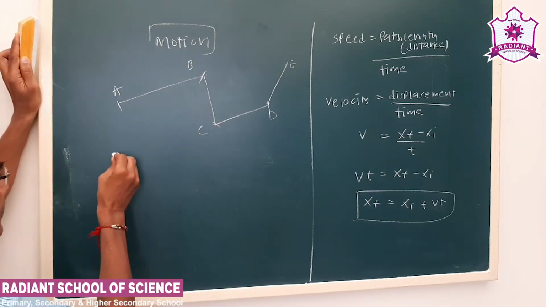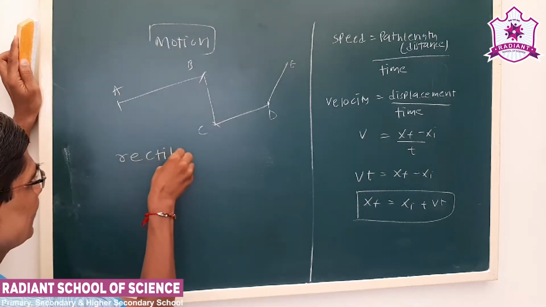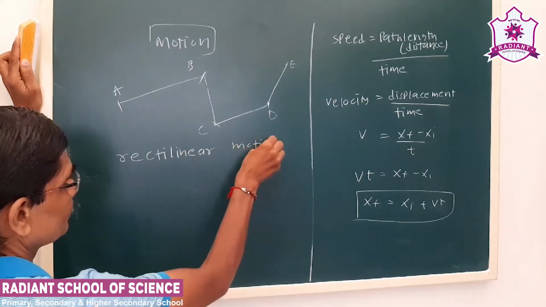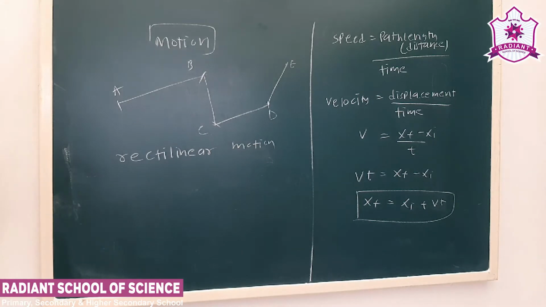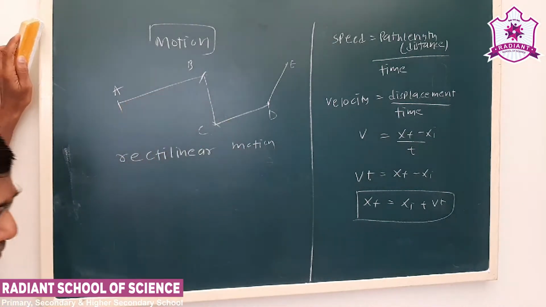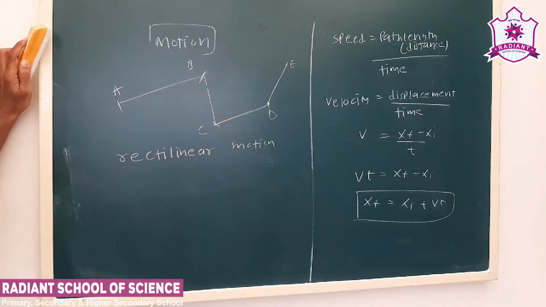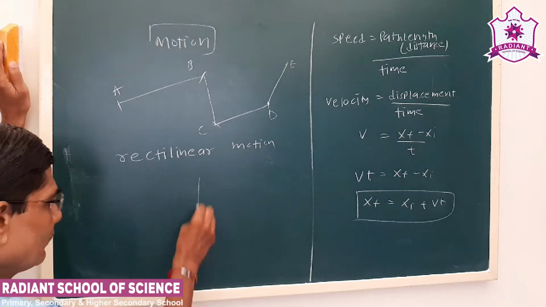That's why this is called rectilinear motion. Whenever motion is divided into more than one part, let us say 2, 3 or 4 parts, we have some general formulas.